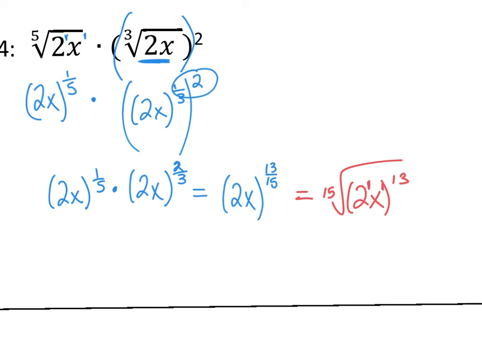X is also to the first power, correct? So this is the 15th root of 2 to the 13th, x to the 13th. That is going to be my answer. The only thing I could do is simplify that 2 to the 13th, right, with my calculator. Okay, I could do that, but that would be the only thing.